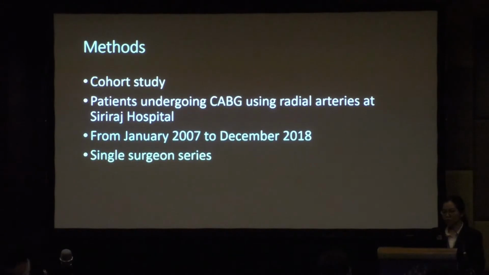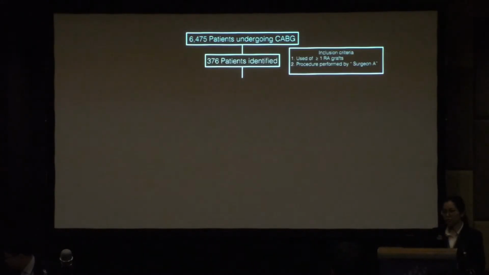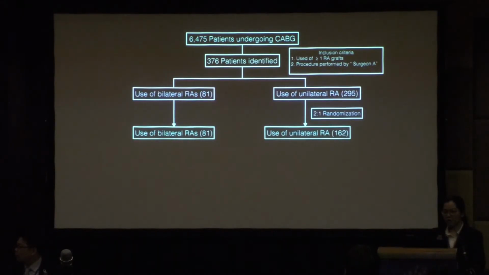This is a retrospective cohort study. The patients undergoing CABG using the radial artery at Siriraj Hospital from January 2007 to December 2018 were screened. The patients operated on by a single surgeon were included. This is the flow chart of patient selection. We included the patients who had radial artery grafts by a single surgeon, then allocated them into two groups.